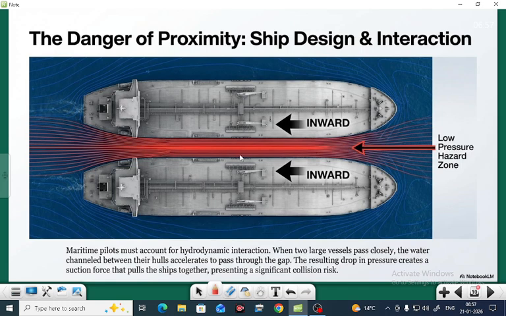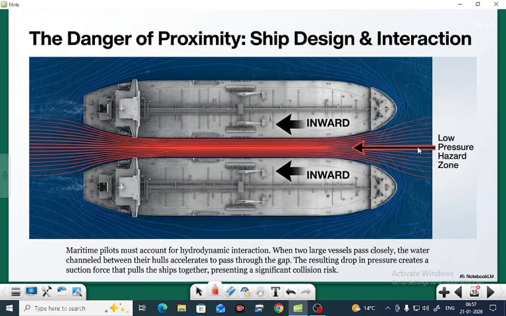It creates a low pressure zone. So it is very dangerous for two ships to move closely with each other. So there is a collision risk factor here. Because when the liquid flows, the velocity of this liquid is very high, so it creates a low pressure zone.